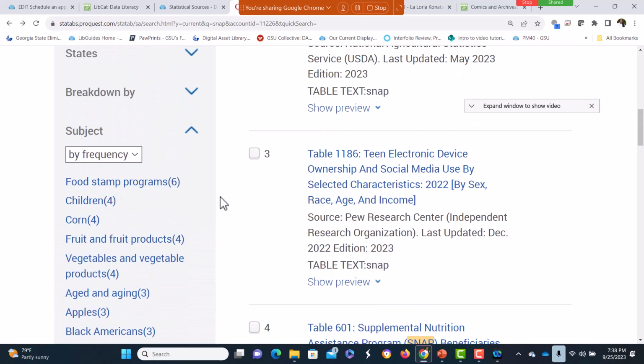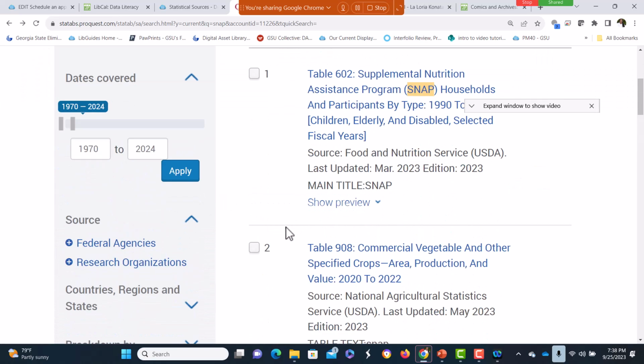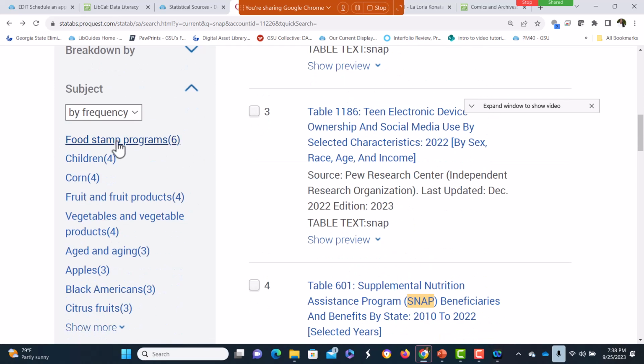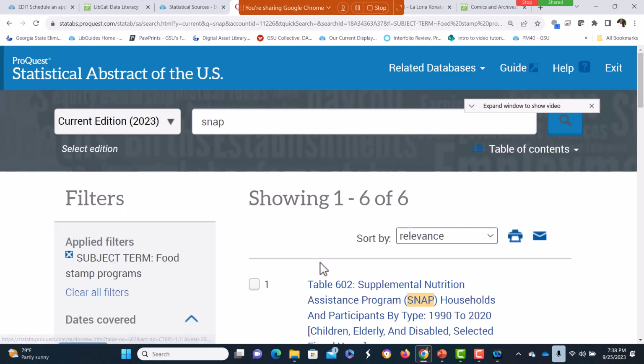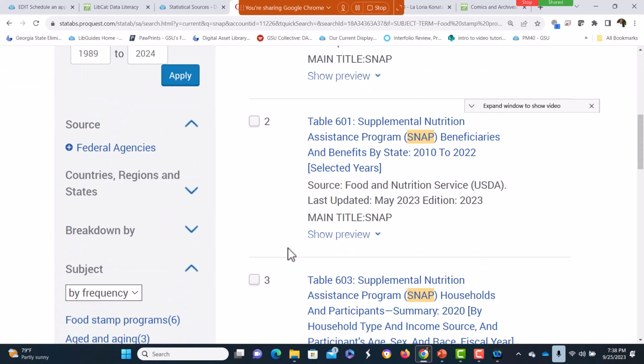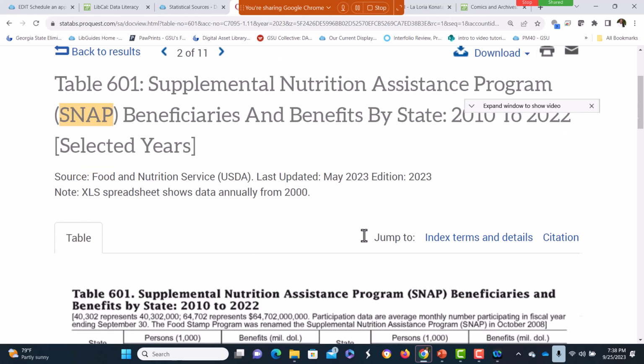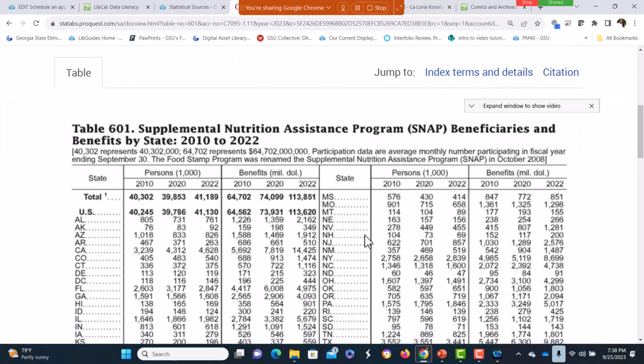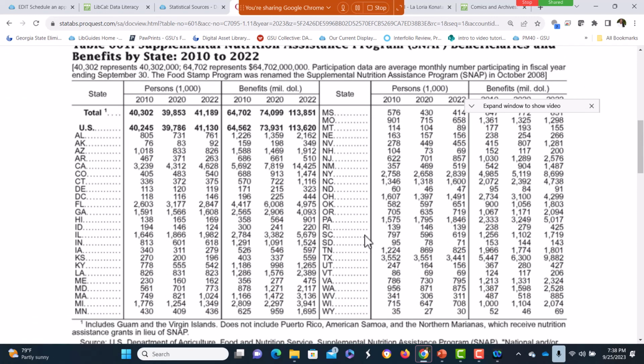So how many results? So 11. If we just wanted to look at the food stamp program, we can just limit it to those 6 tables. And this is actually the one that we want. So notice it's telling you 40,302 represents 40 million.